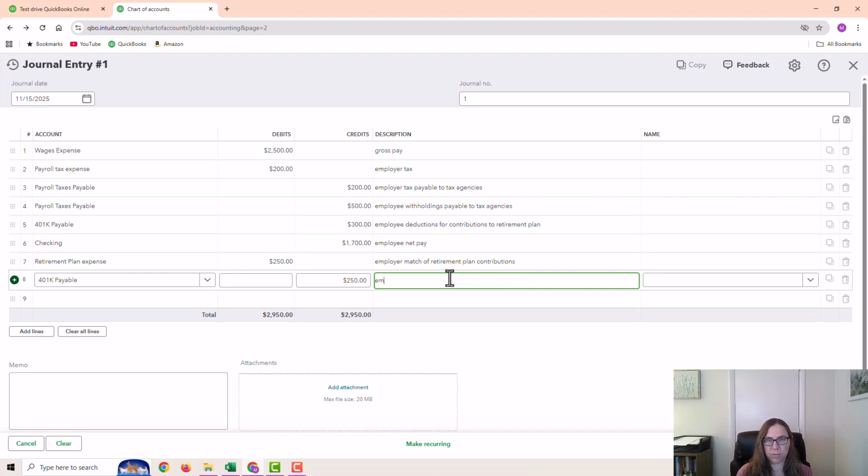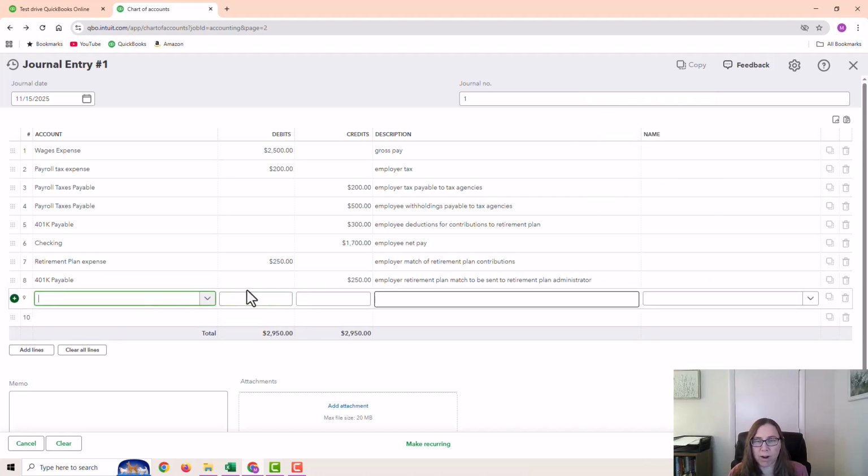Okay, so employer retirement plan match to be sent or paid to retirement plan administrator. I don't really know what to call it other than that, other than retirement plan administrator. If there's some more proper name, someone please comment. Okay, so that's it. That's your payroll.